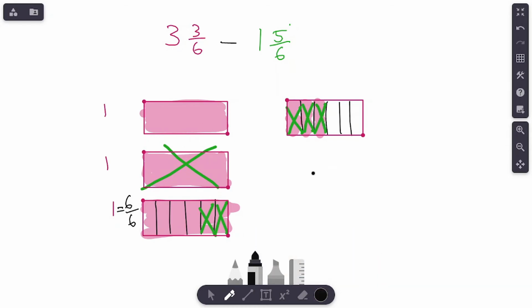What is our difference? We've got one whole model left, and then we've got 1/6, 2/6, 3/6, 4/6. Our answer, 3 and 3/6 minus 1 and 5/6 equals 1 and 4/6. All right.